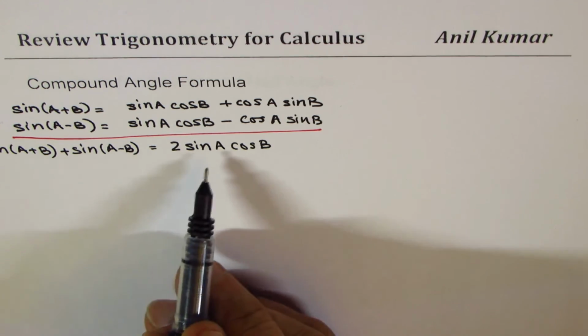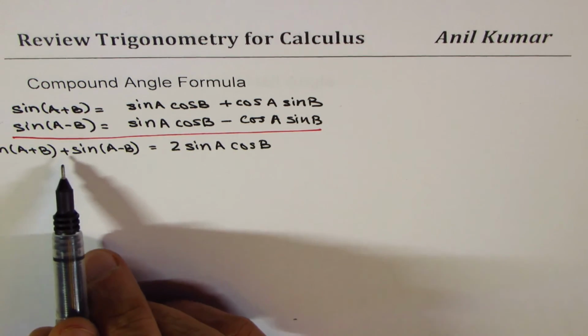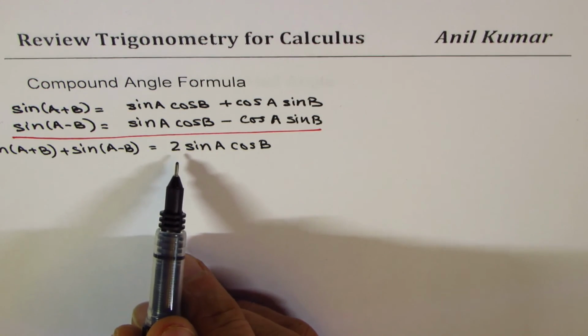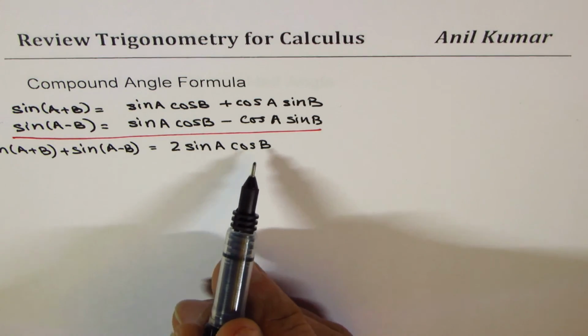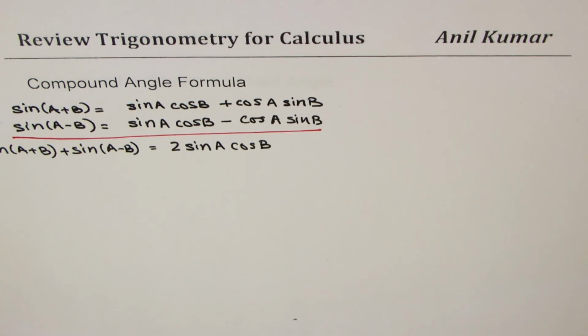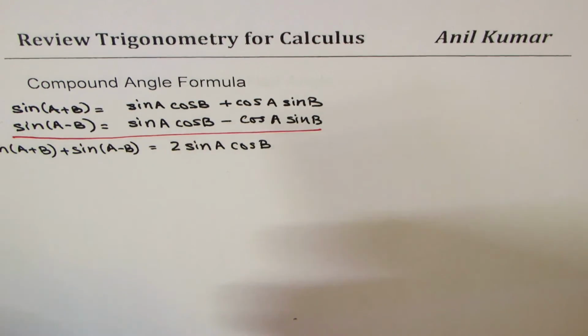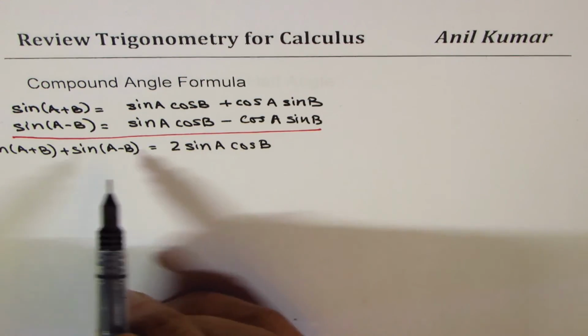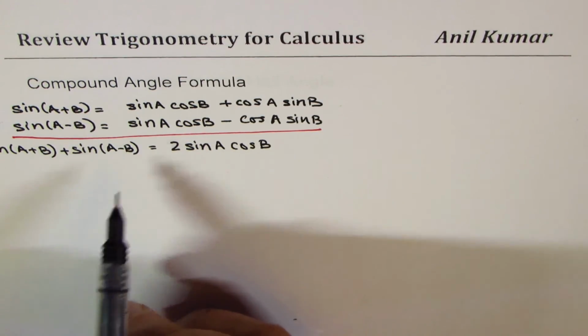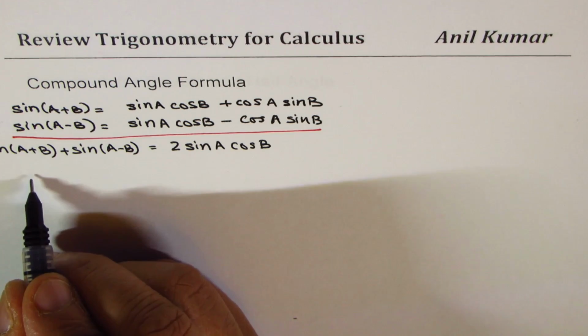So that's what we get. Now that is for sine of A plus B. We have a similar formula for cosine.